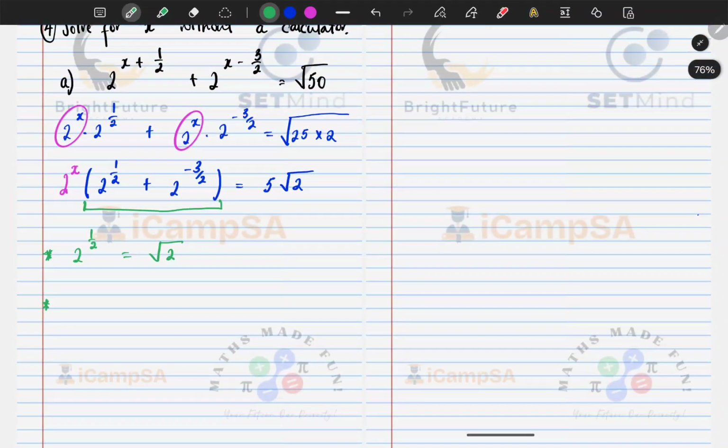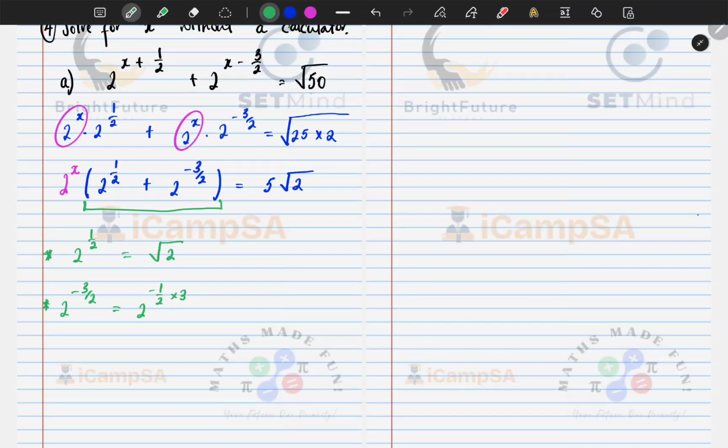Now let's go to the other one, which is your 2 to the power of minus 3 over 2. This can also be written as 2 to the power of minus 1 over 2 times 3. So this, as you can see, is going to be a square root, but it's going to be 1 over a square root because of the negative sign. Remember, if you have anything raised to the power of negative 1, that thing is going to be 1 over to the power of x, and then the sign changes, right?